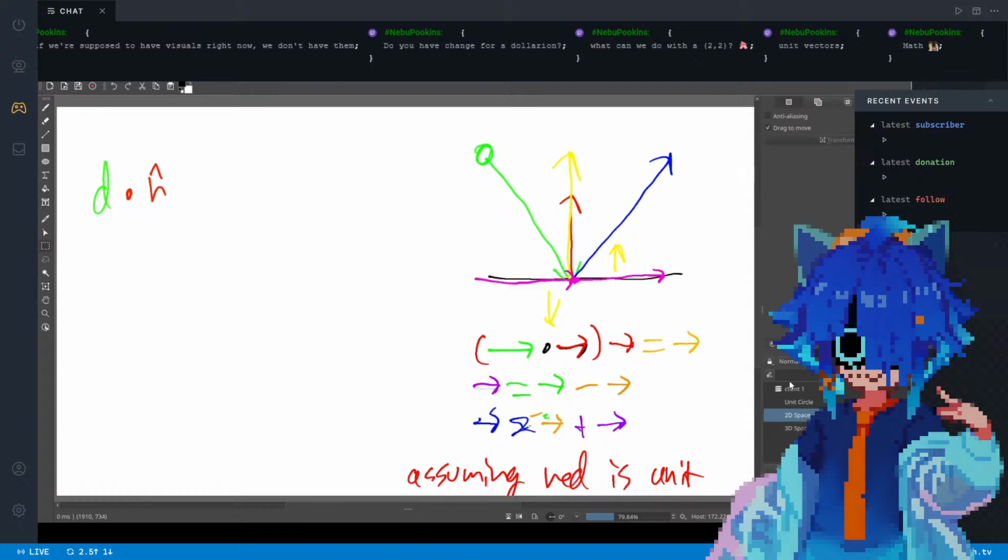We use that little hat to indicate that it's a normal vector, to indicate that it's a unit vector. And we multiply this result by our normal unit vector. That should give us the normal part.